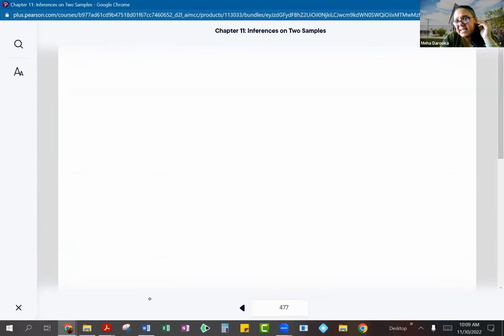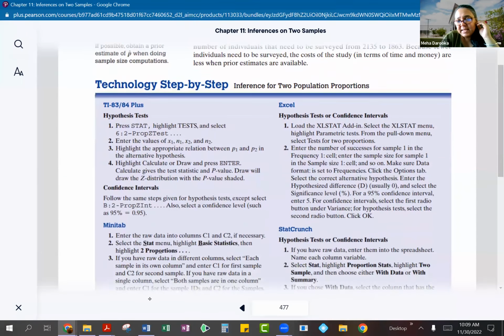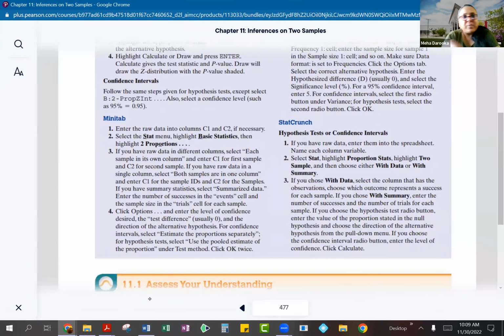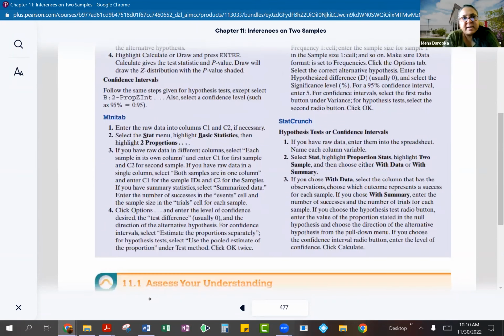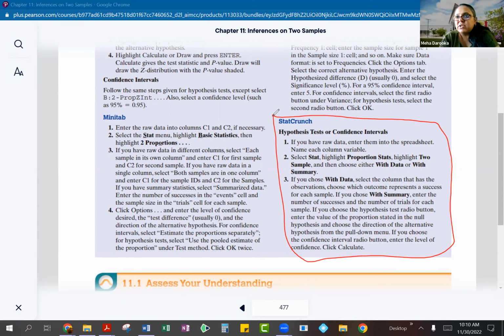Even in some of the examples they break it down, but this is where at the end they give you instructions for Excel and some other technology, and this is where you can find the instructions for StatCrunch. You're literally just following those steps and it'll make it easier.